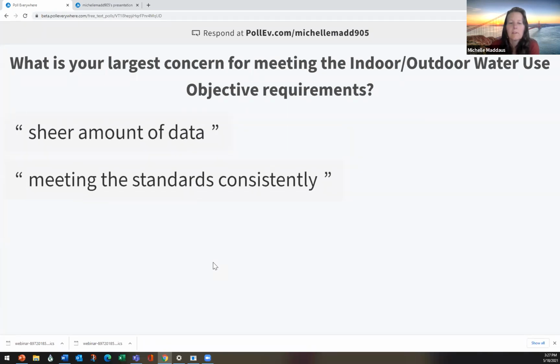Sheer amount of data, that's good. Meeting the standards consistently. So this is a global question of everything we've covered today. I agree with the sheer amount of data. Yeah, each one has its own information.